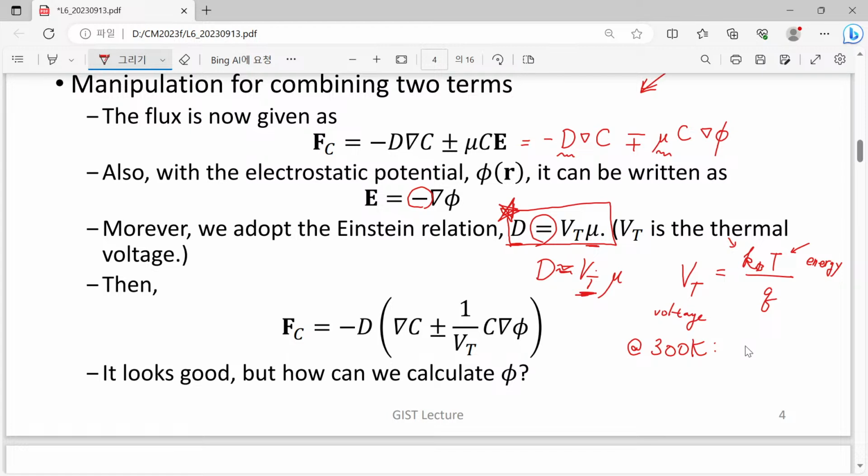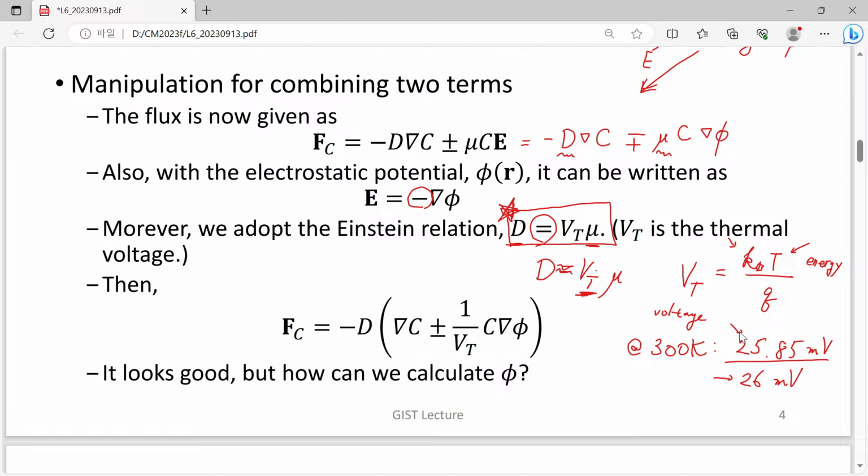Okay, so good. My memory is like this. Roughly you can say that it is about 26 millivolts. But of course, in general, when you actually implement your code, please do not use these approximated values. Even I don't remember the Boltzmann constant exactly, but when you write down your code, please use the exact kB value, so that you can have a good number.